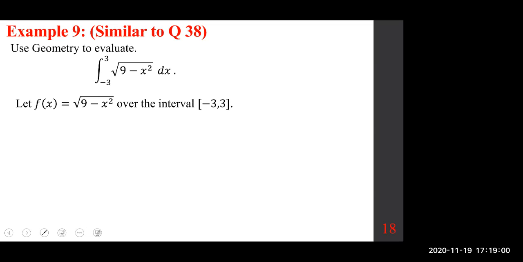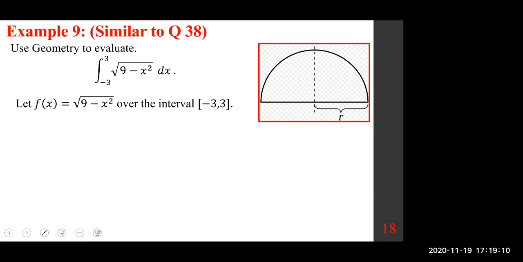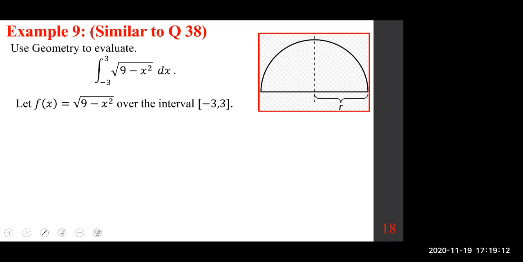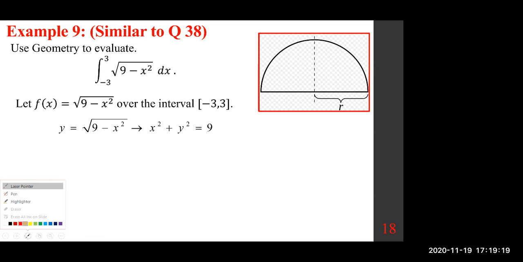That's the function. So if we call this y, and we square it, this is the graph. Right here, class, if you square this, you get y squared equals 9 minus x squared.